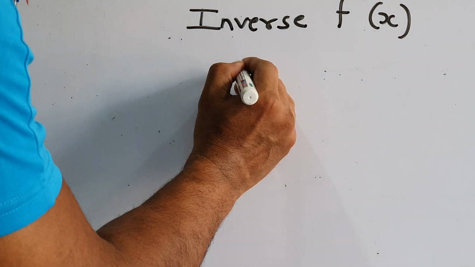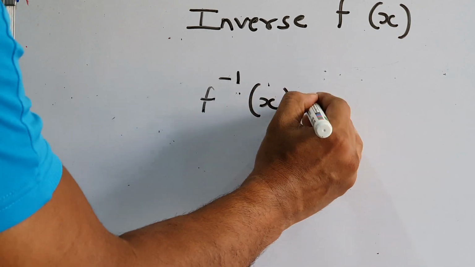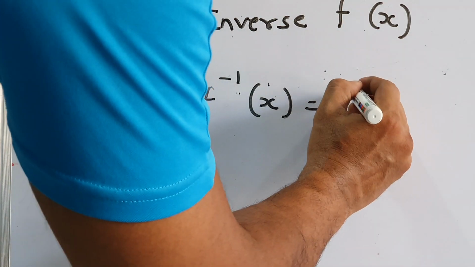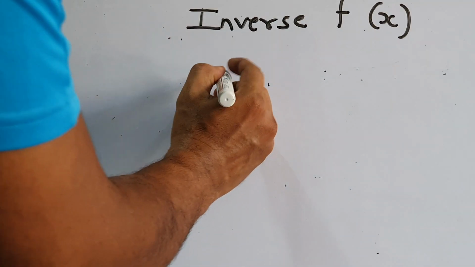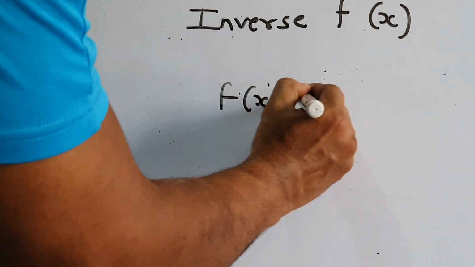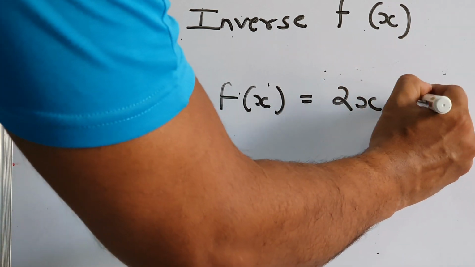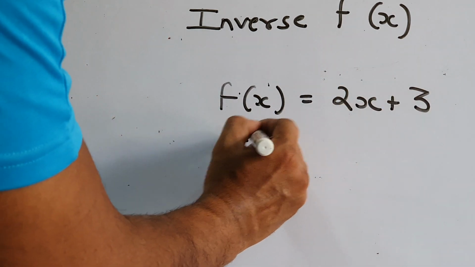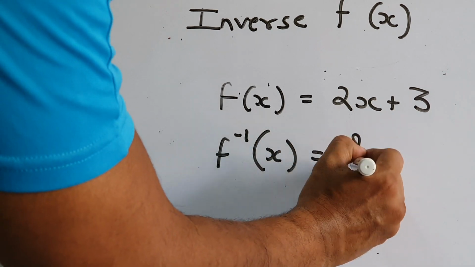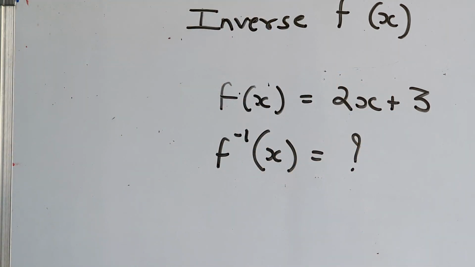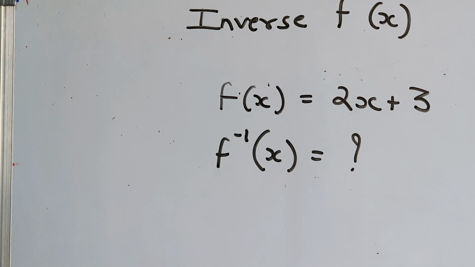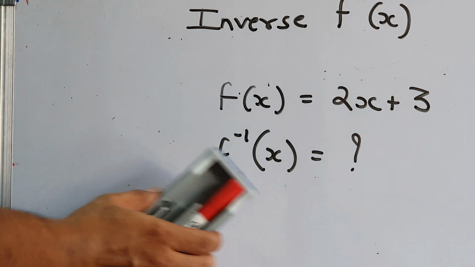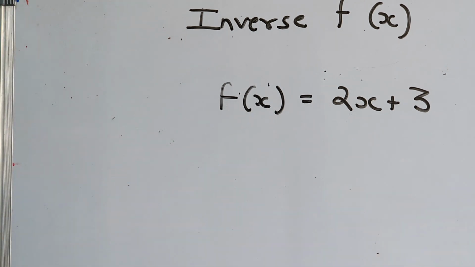So they have given me an equation: f of x is equal to the same equation, 2x plus 3. Now I need to find out f inverse x. Once you see this sign, you understand they are asking us to find the inverse. Let us start. How to find f inverse x?